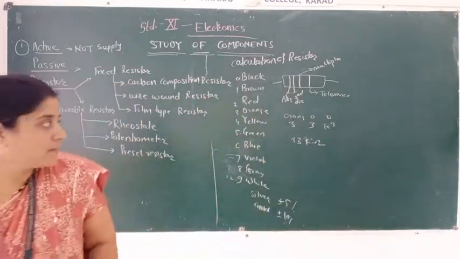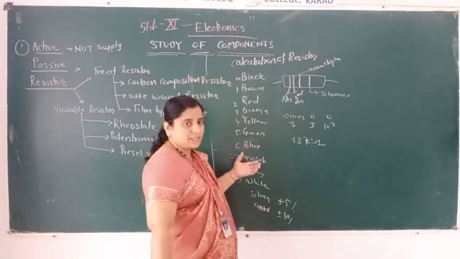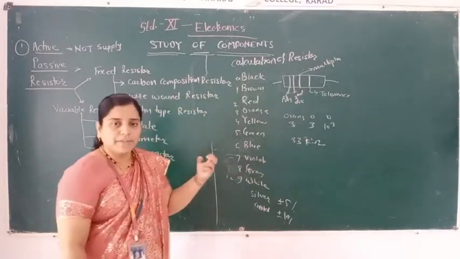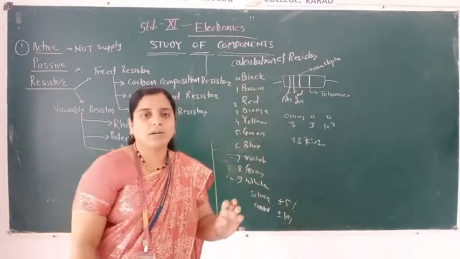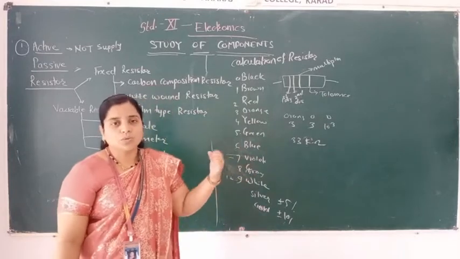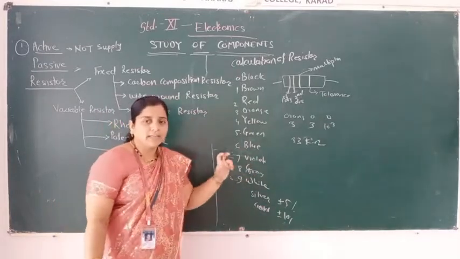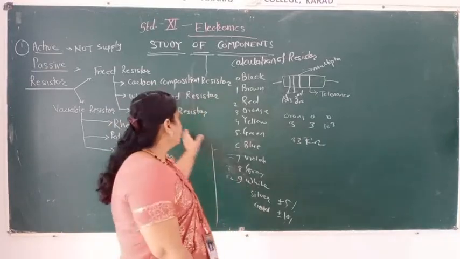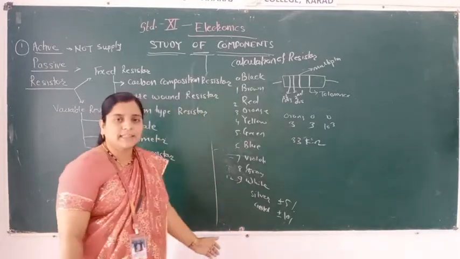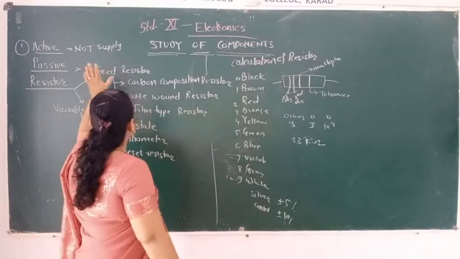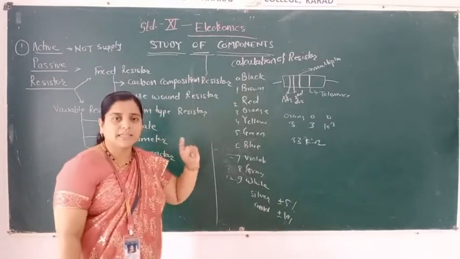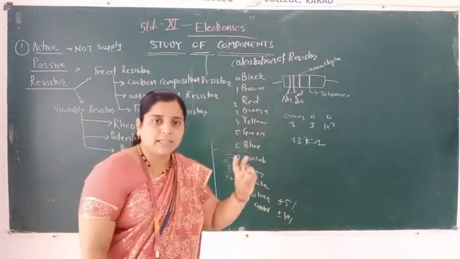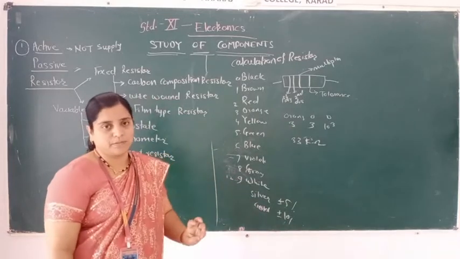I am taking this revision because most of you have told me that the lectures are not in sequence. So which sequence should we consider? For that I am taking this lecture, and I am telling you the sequence of your syllabus: first the active components and passive components, then resistor, then capacitor, then inductors, and then transformers.